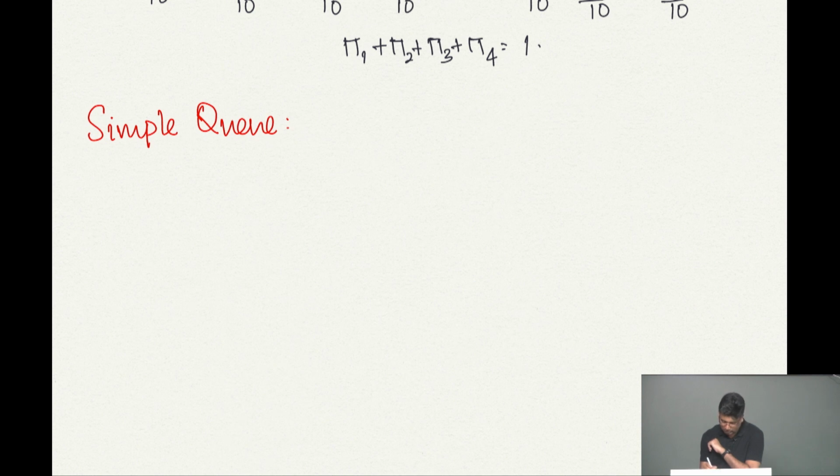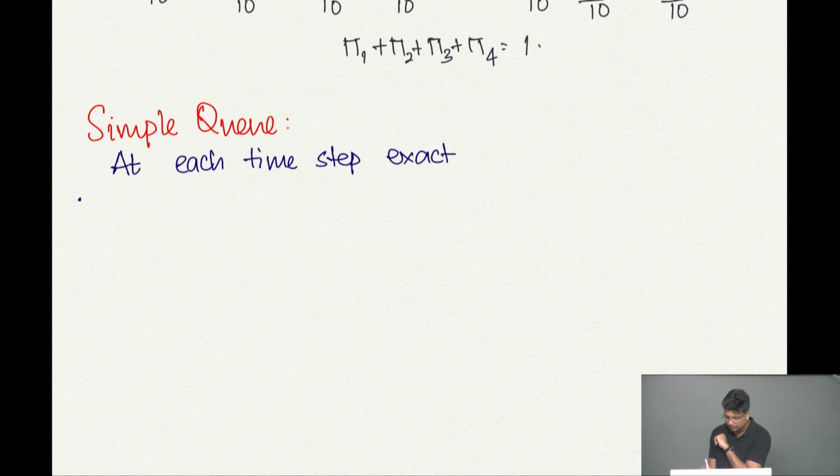So the simple queue has the following properties. At each time step, exactly one of the following occurs.